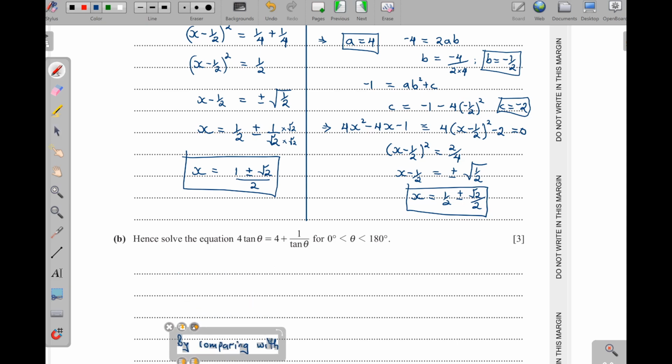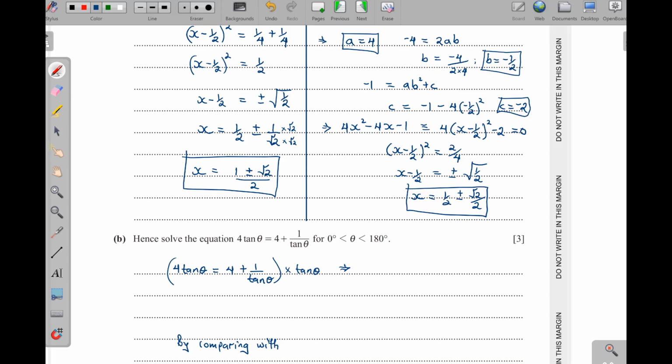I can multiply all through by tan theta because it is in the denominator, so I want to eliminate it. So 4, then plus 1 over tan theta. So multiply all through by tan of theta. What do we get here?